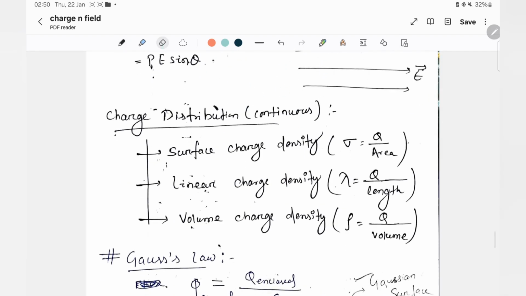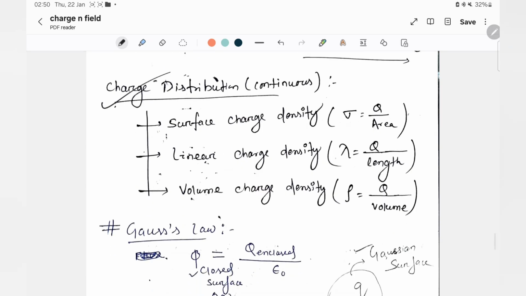Next, it is about charge distribution. We are considering a continuous charge distribution, not a discontinuous one. If the charge distribution is continuous, the surface charge density is represented as sigma, which is q by area. Surface means we take its area, and linear means we take its length.